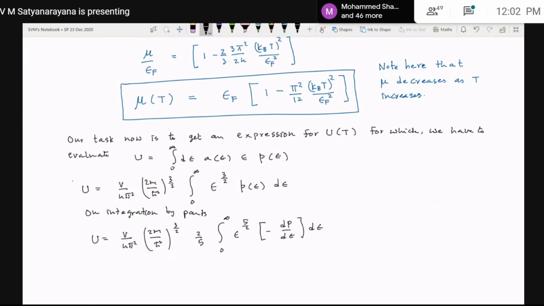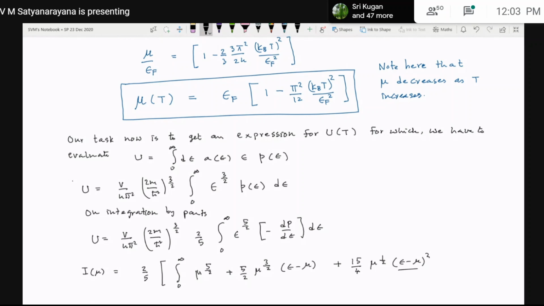So now I can say that equivalent to my I of mu earlier is equal to 2 by 5 into integral 0 to infinity, mu to the power 5 by 2 plus 5 by 2 into mu to the power 3 by 2 into epsilon minus mu, of course, plus 5 by 2 into 3 by 2, that is 15 by 4, into mu to the power half into epsilon minus mu the whole square divided by 2, and so on, into this expression minus dp by dx.